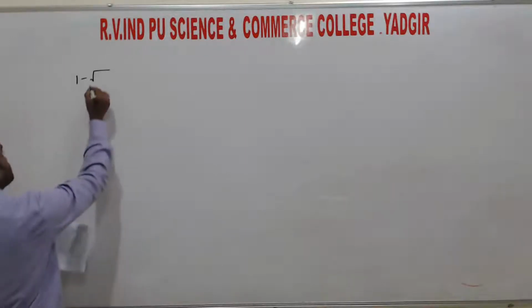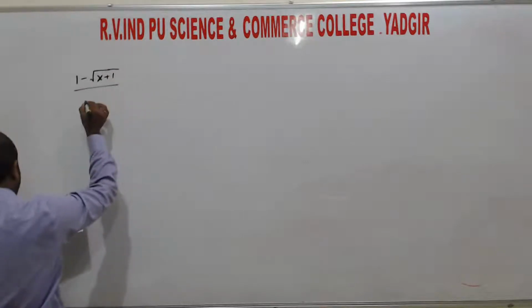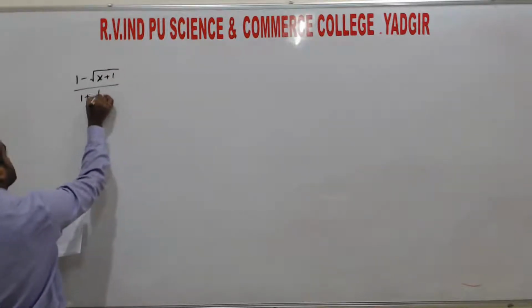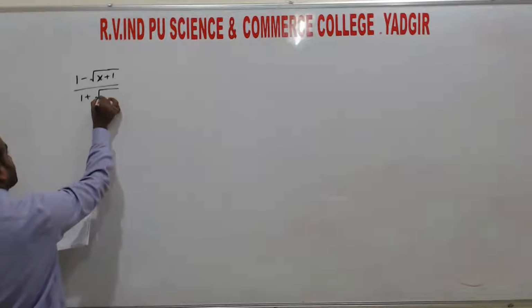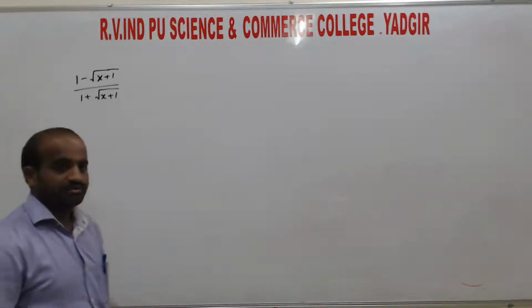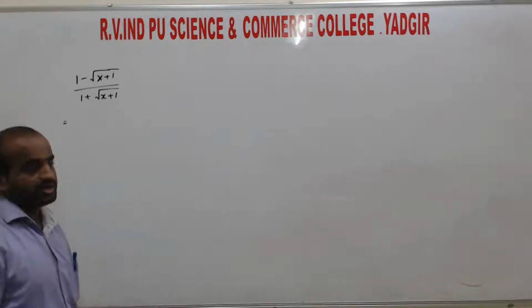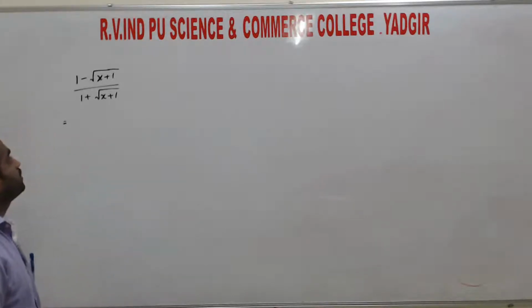1 minus root of x plus 1 divided by 1 plus root of x plus 1. Rationalize it. Simplify the fraction whose denominator is a binomial quadratic surd.